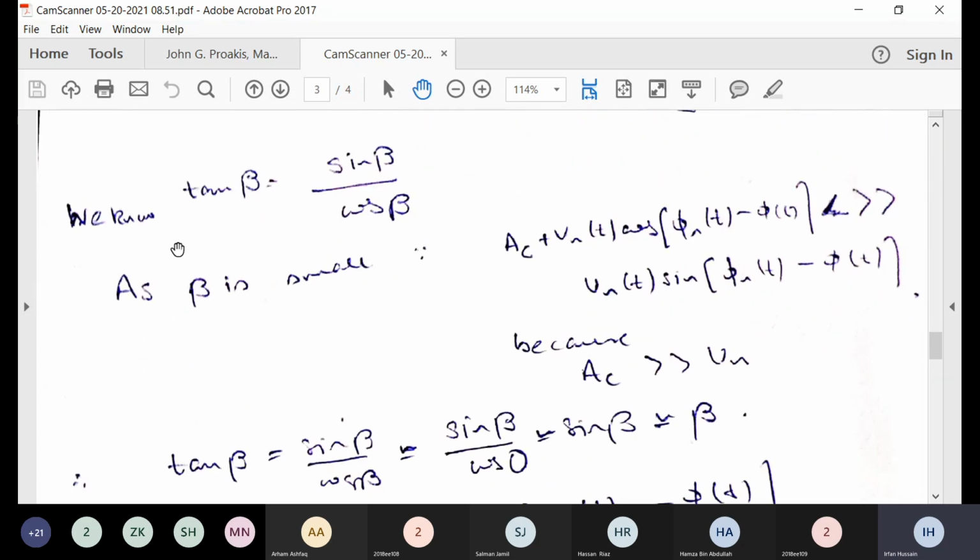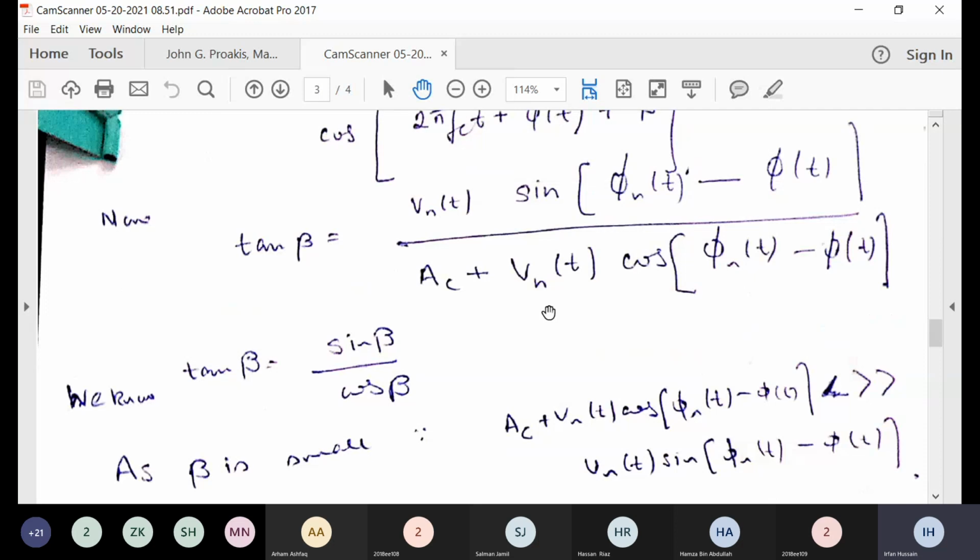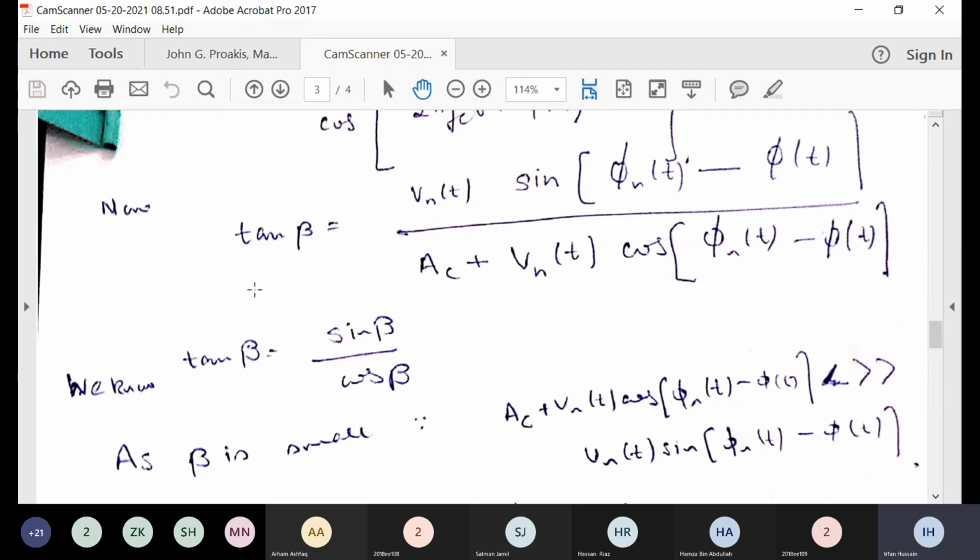Beta is small, so I can write my tan beta as sine beta over cos beta, with cos of a small angle coming out to be 1. So sine beta, but we know sine of a small angle is actually the angle itself, beta. So I can write tan beta as beta, and tan beta was this, so this total value will become beta.